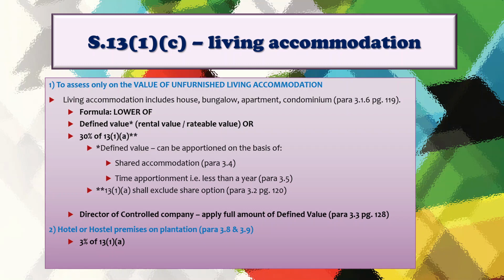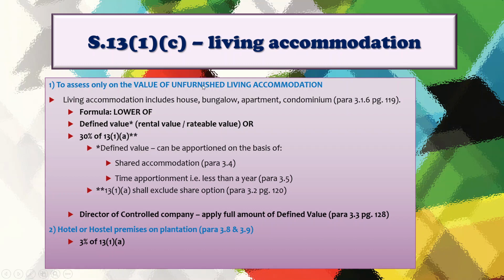You can see there, under number 1, you are given a house, bungalow, apartment, or condominium. When you are given this kind of accommodation, you will be assessed based on the value of unfurnished living accommodation. Why unfurnished?